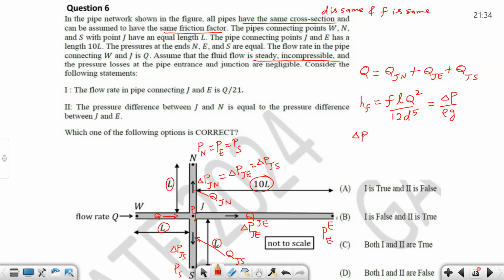So delta P will be proportional to length and Q squared. So Q is proportional to root of delta P by L.